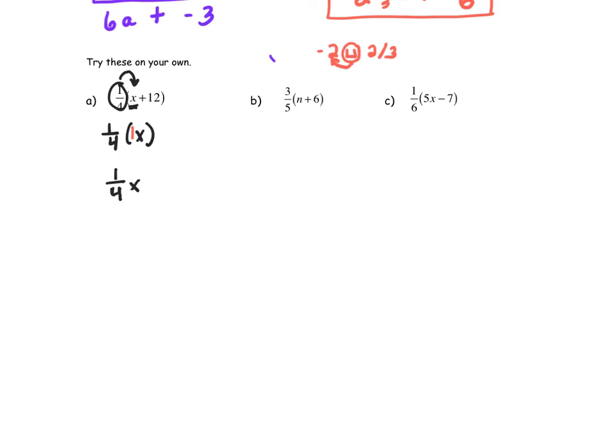So if you would like then, since we've started, I'm going to go ahead and complete this, or at least get you started. This is the work we need to see: 1/4 times 12. And if you recall, each of them are going to become a term. We already have our first term. And I would like you now to finish the rest of this problem and try B and C on your own. Thank you.